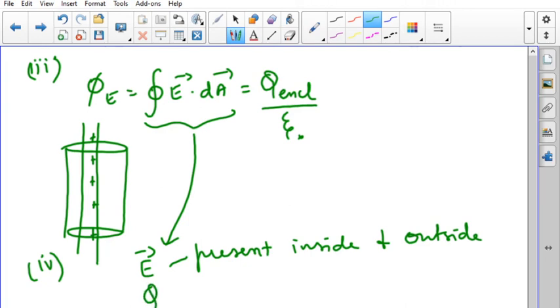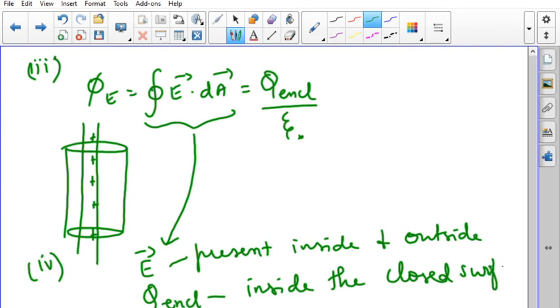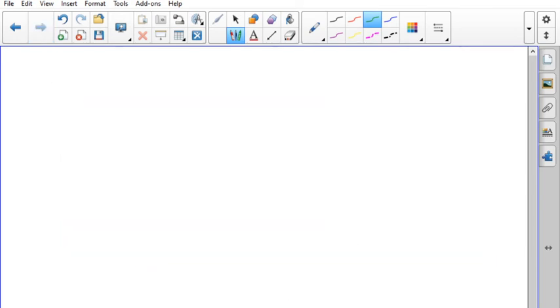But the enclosed charge depends only on the charges inside the closed surface. So the electric field depends on inside and outside charges, but the charge depends only on the surface which the Gaussian surface is taken into account.